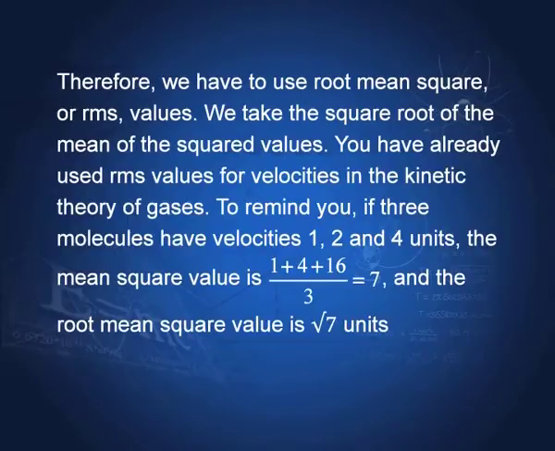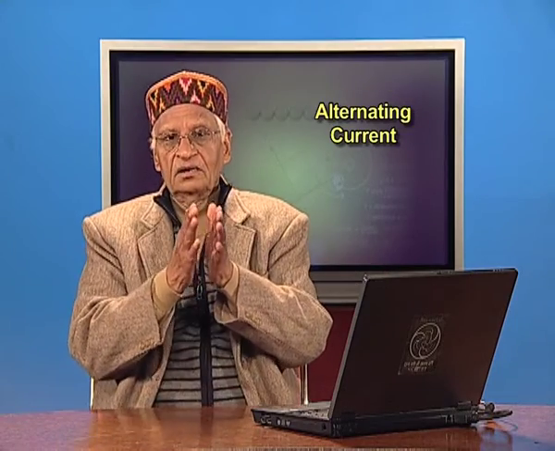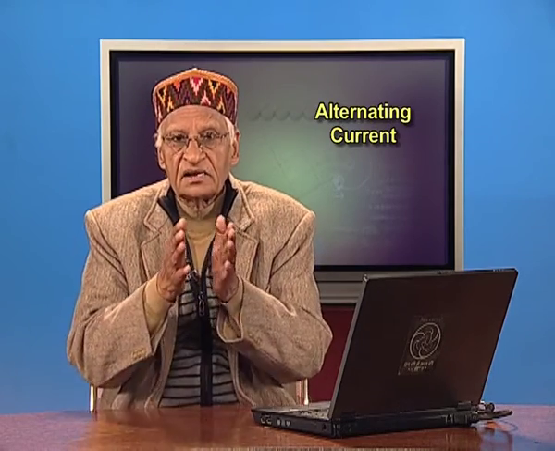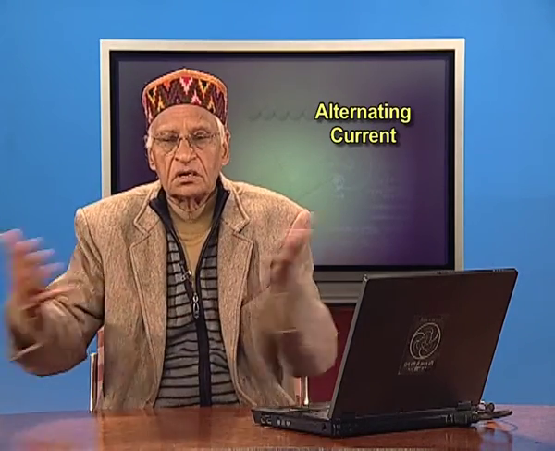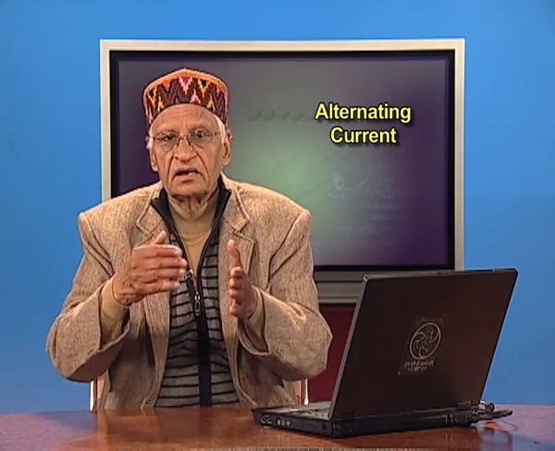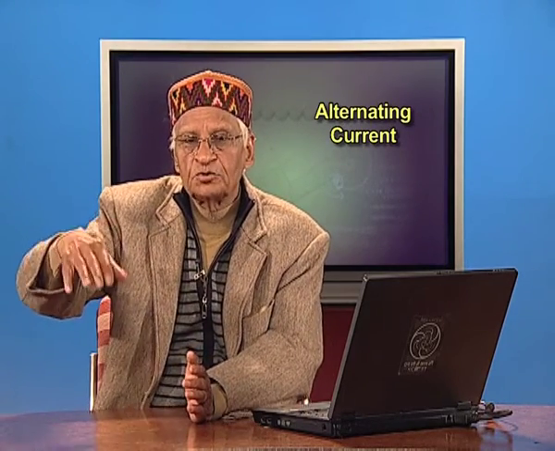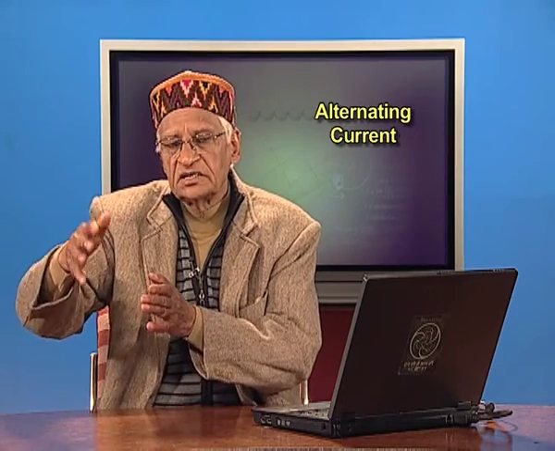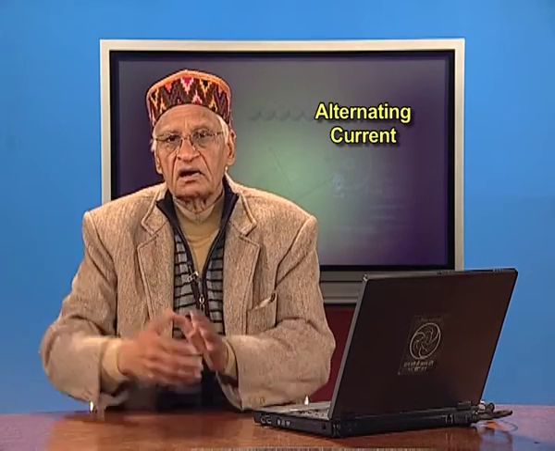So, we will have to deal with what are known as root mean square values, and you are familiar with these from the kinetic theory. There you remember that the kinetic energy or the temperature is related to the thermal motion of the particles of the gas, and we take the root mean square velocity. Half m v squared uses v square, which is the square of the root mean square value.